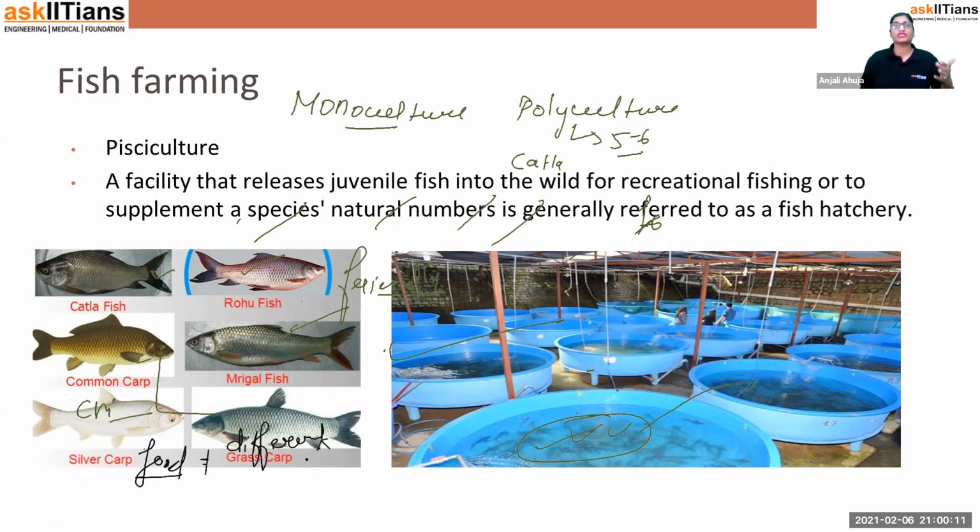One more point: suppose this is a chamber where I'm growing them, they should be on different surfaces. One fish lives in the top layer, another lives on the bottom surface. So the surface area where they survive should also be different. These are the things we keep in mind while we select the fishes.